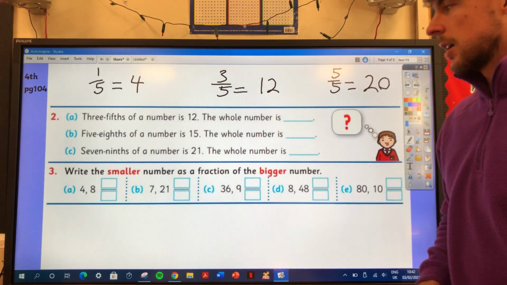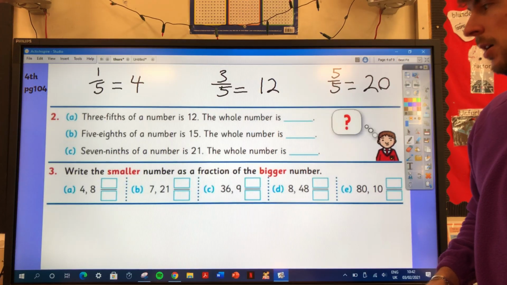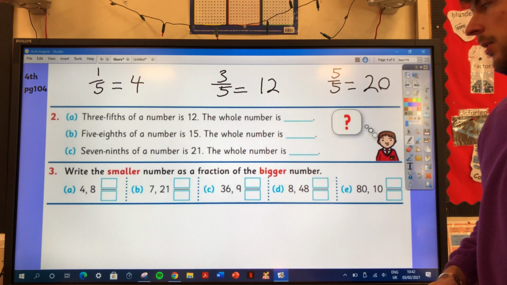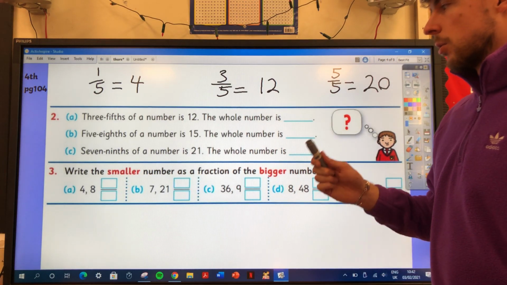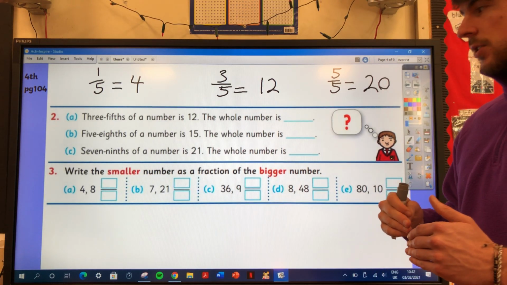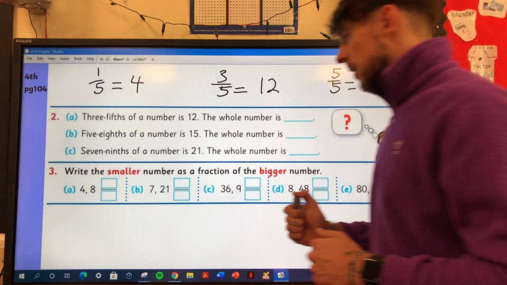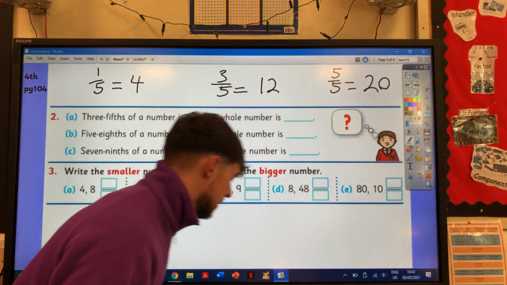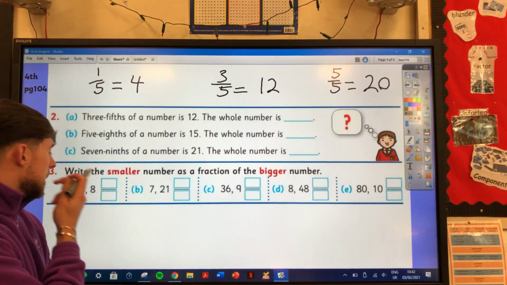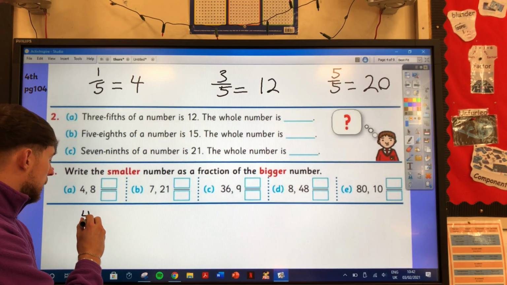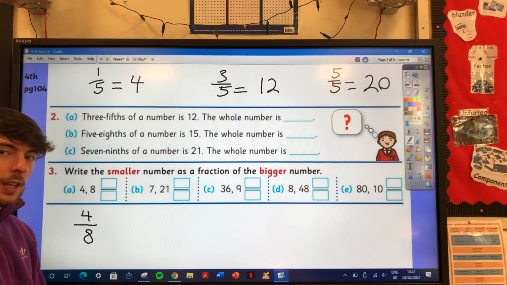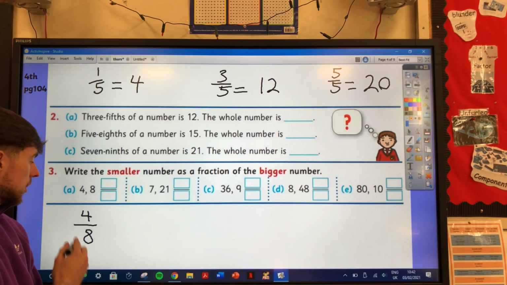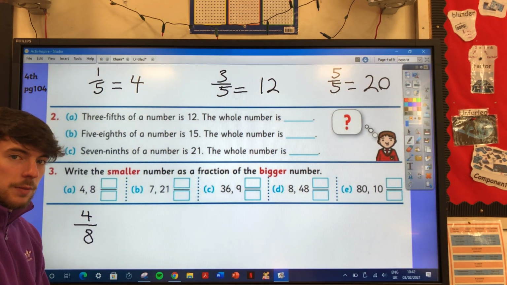And then for 3 down here, you're going to write the smaller number as a fraction of the bigger number. Okay, so which is the smaller number and which is the bigger number, right? So how do we write those as a fraction? So for example, 4 and 8. So if we had 4 over 8, what fraction would that be? What number can we divide into both of those evenly?